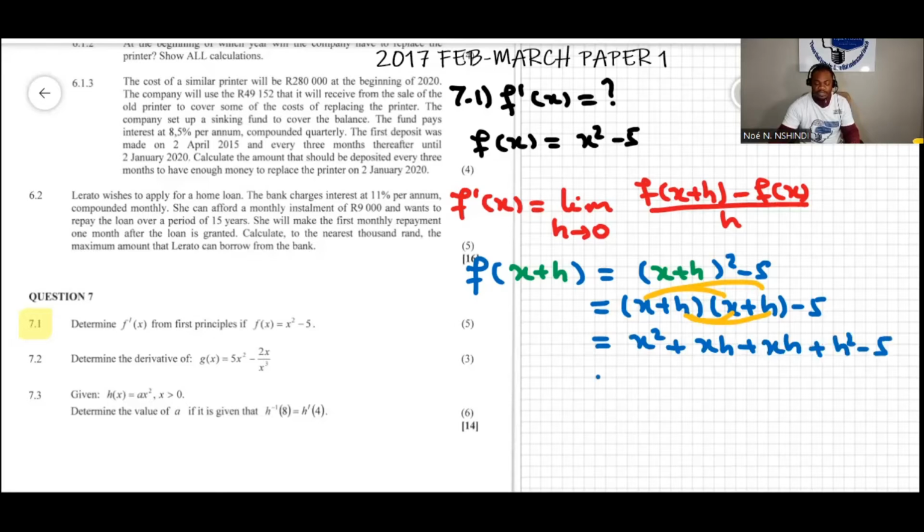Now we can combine like terms, so this will be x squared plus 2xh plus h squared minus 5. So this is f of x plus h. I call it function number 1.